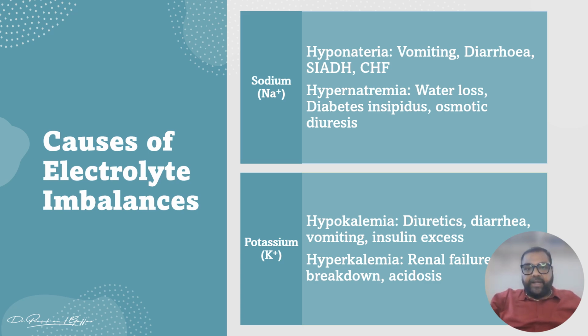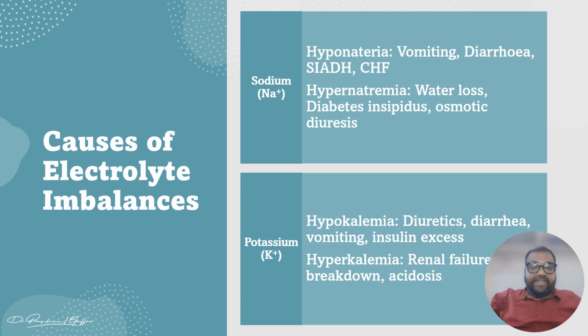So hyponatremia हो जाएगा किस केस में? वोमिटिंग में, डायरिया में, SIADH में और कंजेस्टिव हार्ट फेलियर में सोडियम कम हो जाएगा. और जब बॉडी में वाटर लॉस हो जाएगा, डायबिटीज इंसिपिडस होगा या ऑस्मोटिक डायूरेटिस होगा, सो हाइपरनेट्रेमिया हो जाएगा. बट रिमेंबर वन थिंग, द नॉर्मल वैल्यू दैट इज 135 टू 140 MEQ per liter.